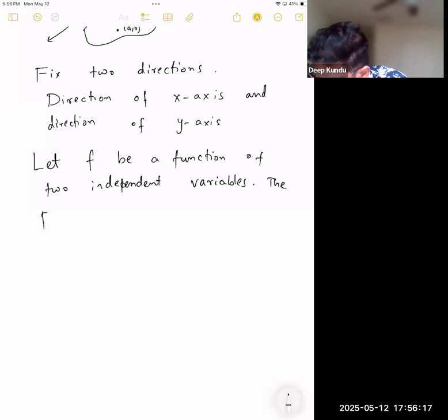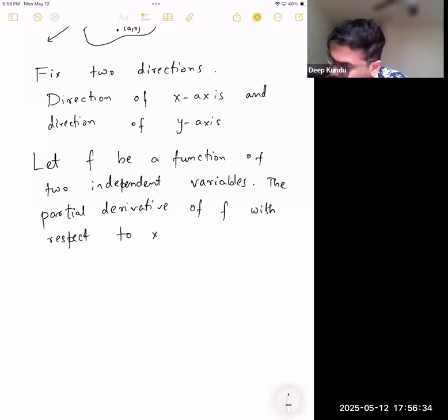The partial derivative of f with respect to x is defined by, so let's do it for a general point (x, y). The notation is f sub x.